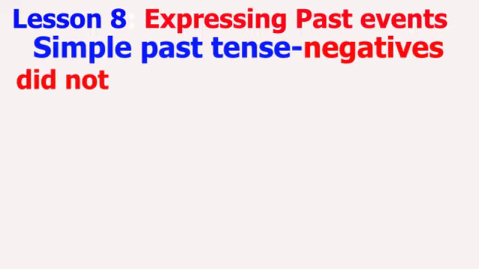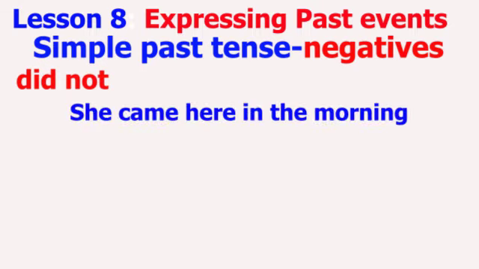For example, in the first sentence that says, she came here in the morning, what we are going to do to make that sentence negative is just add did not after the subject, before the verb itself.